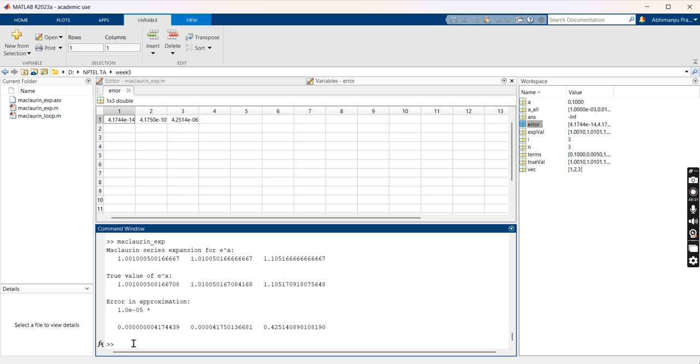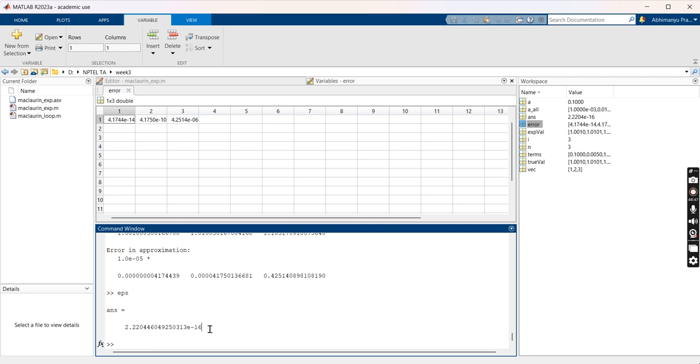MATLAB uses a base 10 system for storing the variables. The minimum number that I can store in MATLAB is, I type the EPS command. So this is the minimum number that I can store in MATLAB. Any number less than this, it just truncates it to 0, right?